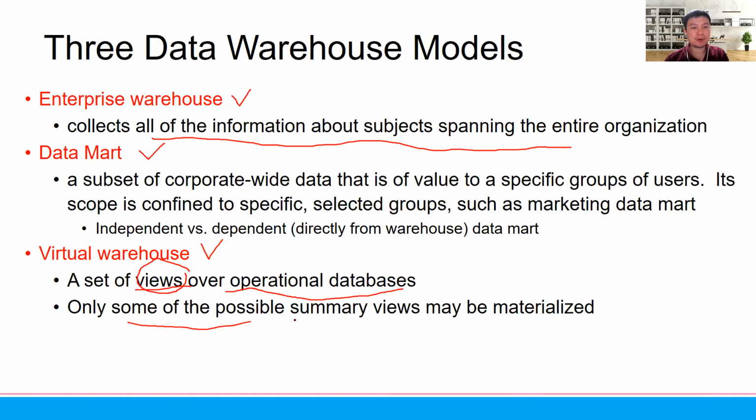And only some of the possible summary views may be materialized. So once you know there's a view, you just keep that view as your data warehouse. We call this a virtual data warehouse. There is no storage, no database for creating the data warehouse, but it is virtual. Once you need it, you execute the view or you execute the query.